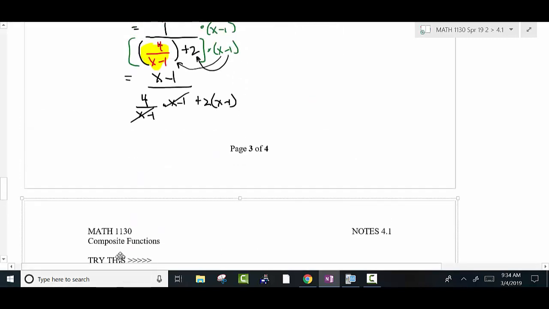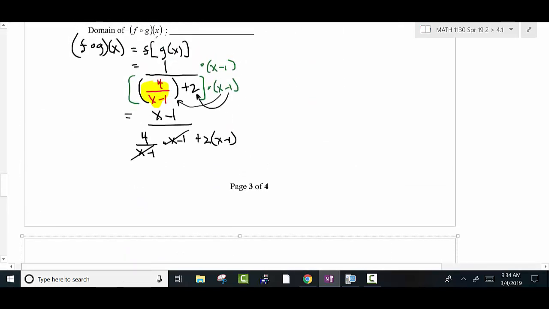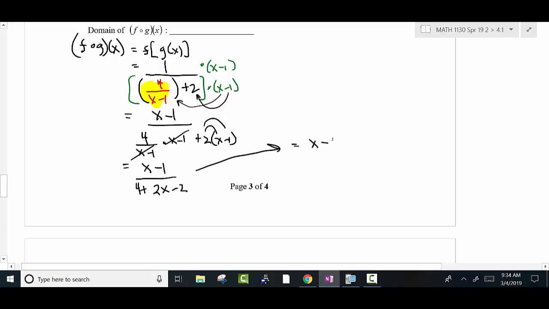You can do that in your head if you want to. So when I simplify this, I'll have x minus 1 over 4 plus 2x minus 2. So that means what we get for our function composition is x minus 1 over 2x plus 2.